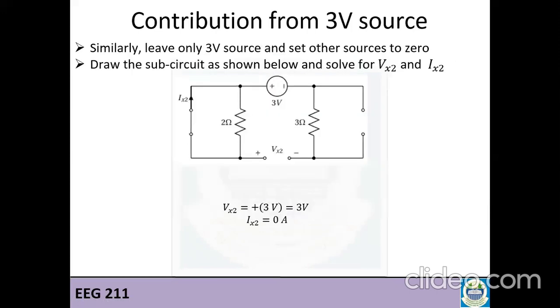Secondly, we also determine the contribution from the 3 volt source. Following the same principle, we leave only the 3 volt source and set other sources to 0. Again, we draw the sub-circuit as shown below. The 3 volt source is alone, whereas the other sources are set to 0: the voltage source by a short, the current source by an open.